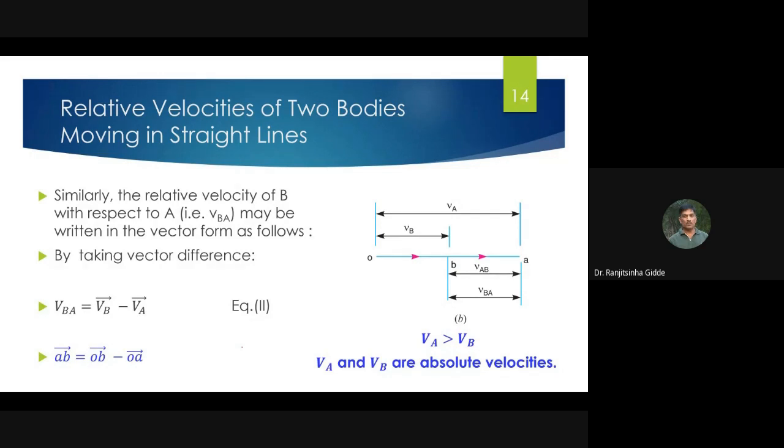So remember that VA and VB are absolute velocities, their own velocities, of body A and body B. That is absolute. Relative to each other, that we have determined. Okay.